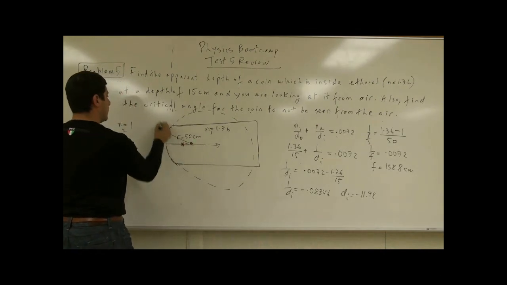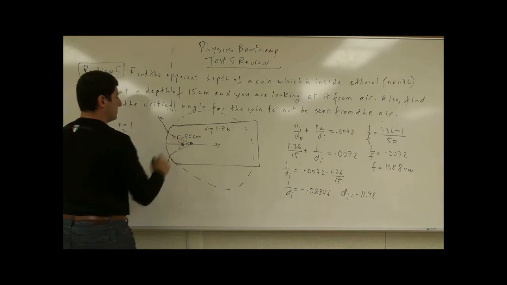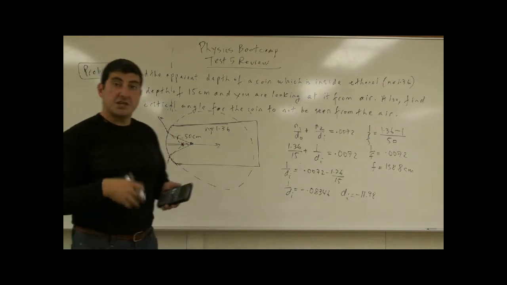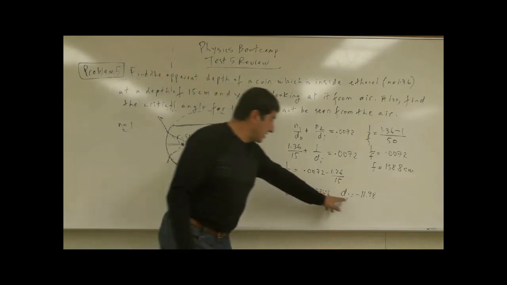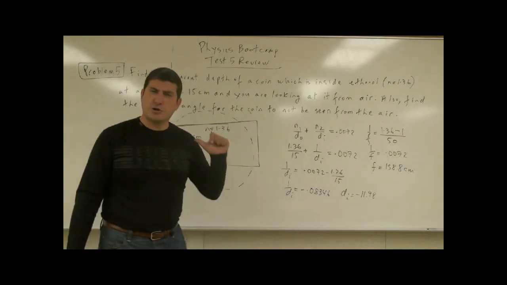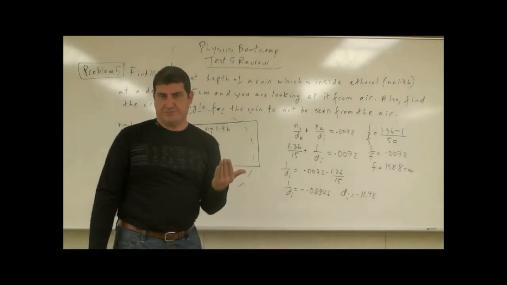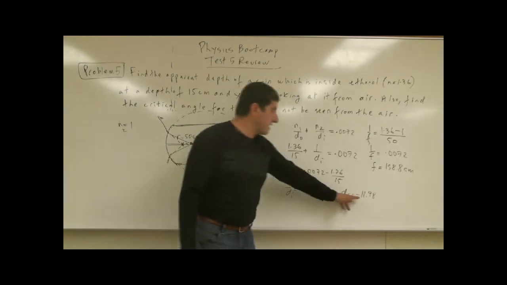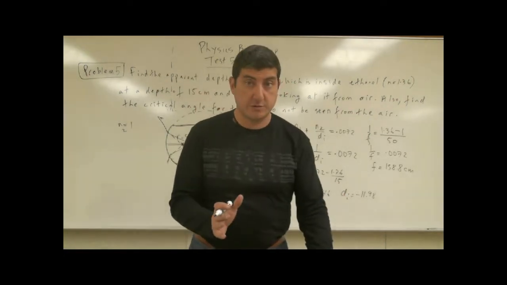It's going to bend outward, and form an image here, right? So you can see that in this case, the image is actually a little closer to the object. A minute ago, for the flat surface, the image was negative 11. So now it's negative 11.98, so that is actually closer to 15, right?